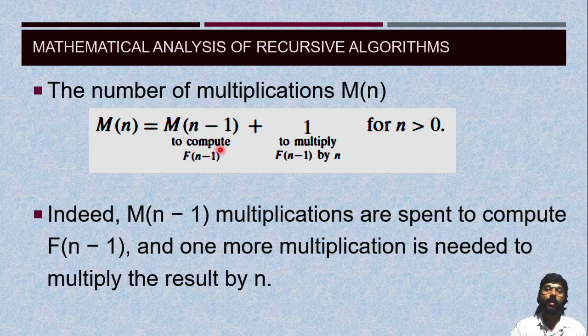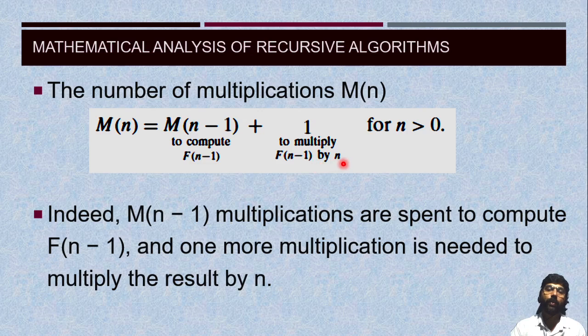This is used for computing factorial of n minus 1, and the additional 1 is for the last multiplication of f of n minus 1 by n.